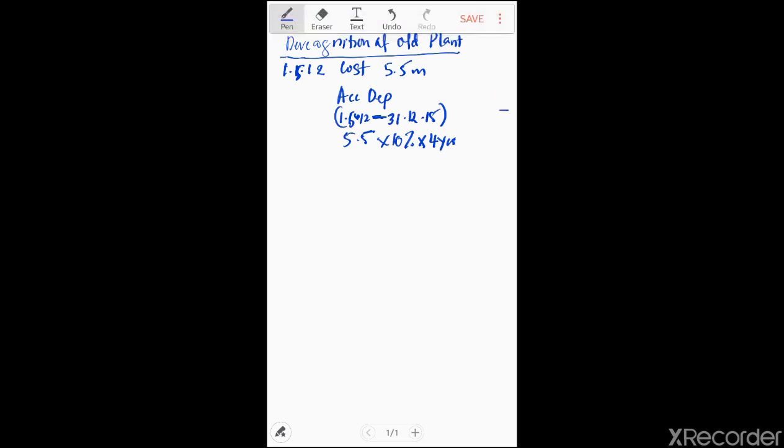Next. So if you do this, you will have your accumulated depreciation to be 2.2 million.